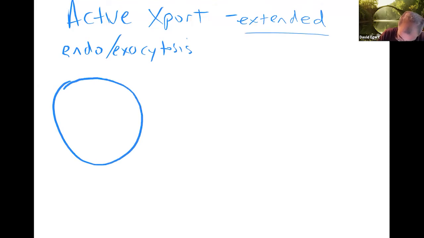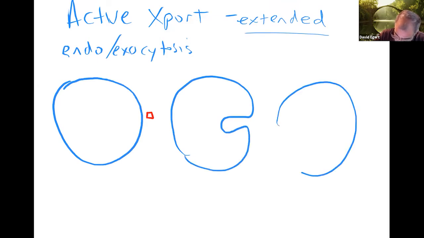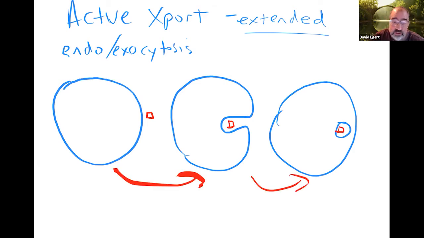You have the cell, and let's say I have some little thing that I want to get into the cell. I pull. This would be endocytosis. If I ran it this way, it would be exocytosis. I can take something that's in the cell and spit it out.